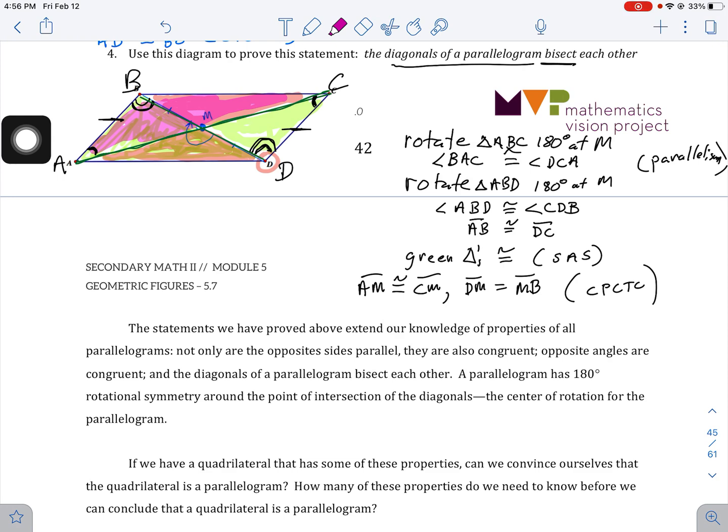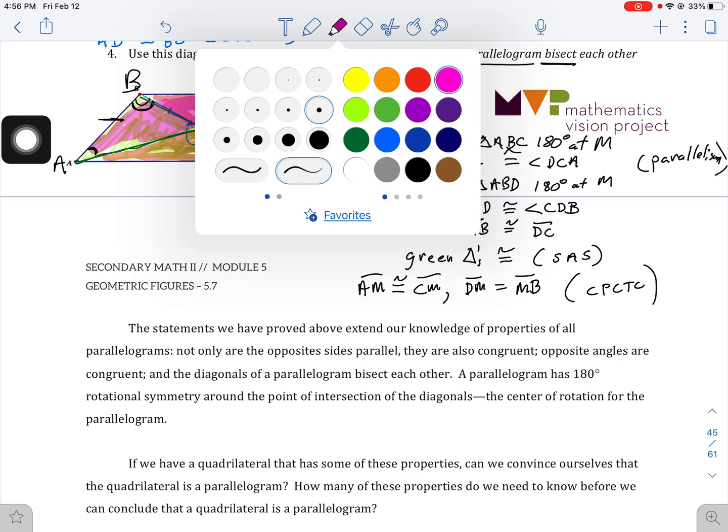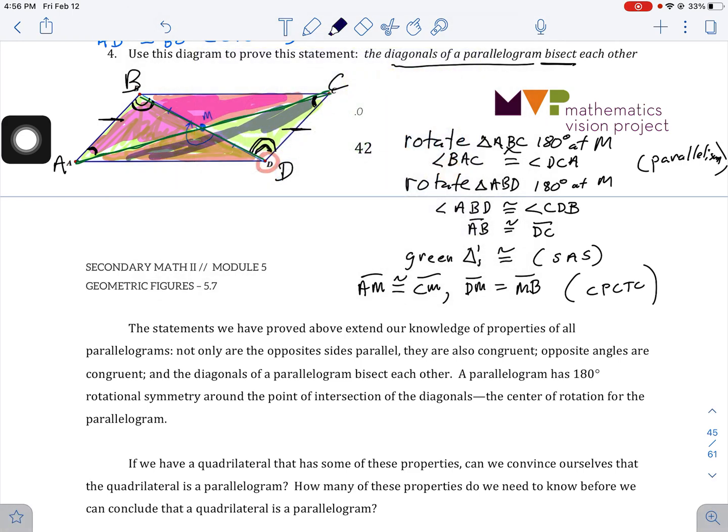And by doing that, I end up with another triangle, which would be this one right over here, after rotating it at point M. Now, after rotating it, using the logic we had before, I can say that angle BAC is going to have to be the same angle because it coincides with DCA. So now I'm saying that those two angles are congruent.